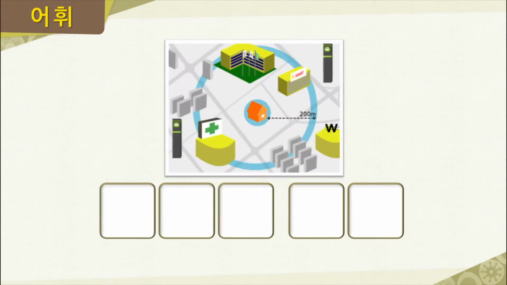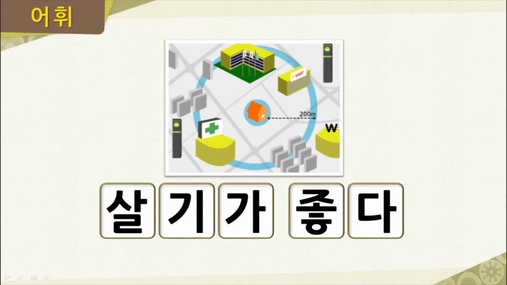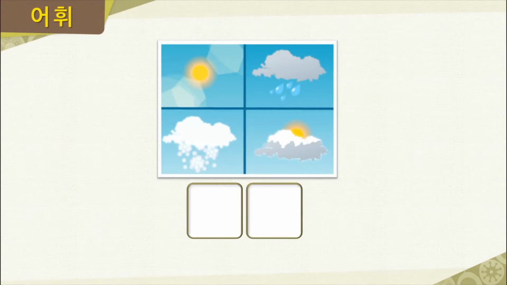Now here in this picture, there is a bank, hospital, subway station, and mart near the house right there in the middle. Now it's pretty convenient. How could we describe it? Right, we could say 살기가 좋다. Now here in this picture, you see different weather conditions. We have it's clear, raining, snowing, and cloudy.